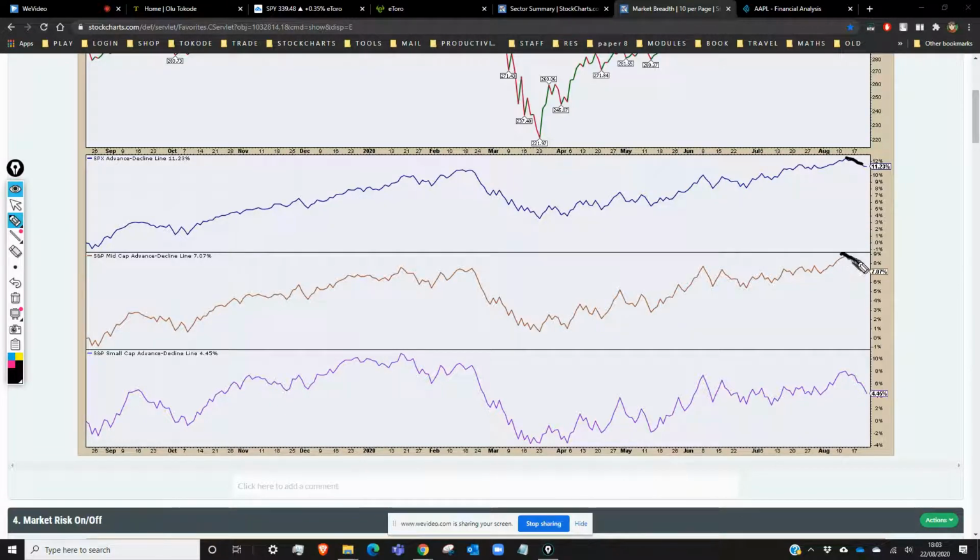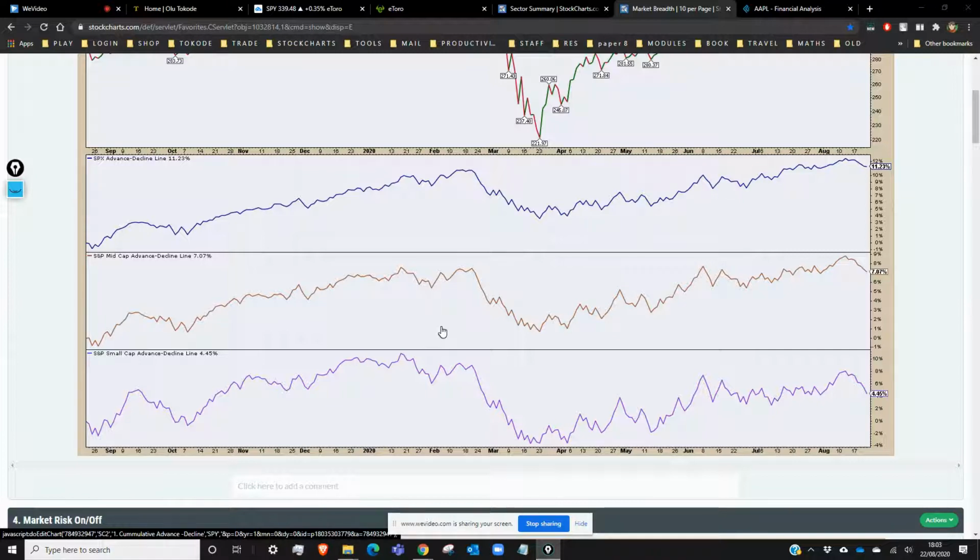Mid caps, far more pronounced. Small caps, a very deep pullback. So stocks are declining. They're no longer advancing. That's a warning sign.